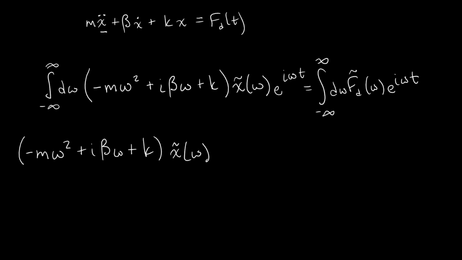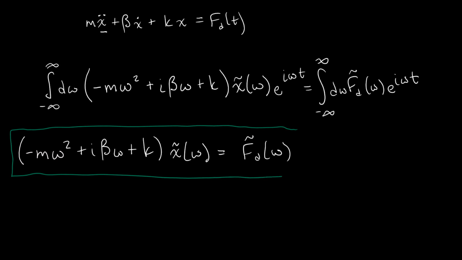Tilde omega is equal to f tilde d omega. And here we see the magic of Fourier transforms, what Fourier transforms really do for us when it comes to differential equations. It's that they turn differential equations, which are notoriously difficult to solve in general, into algebraic equations like this, which are much, much more straightforward, much easier to solve.